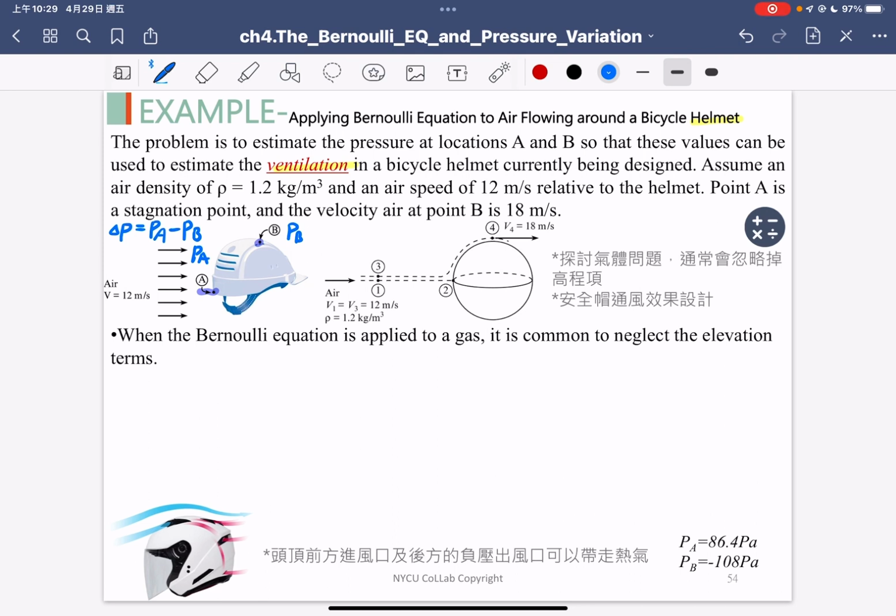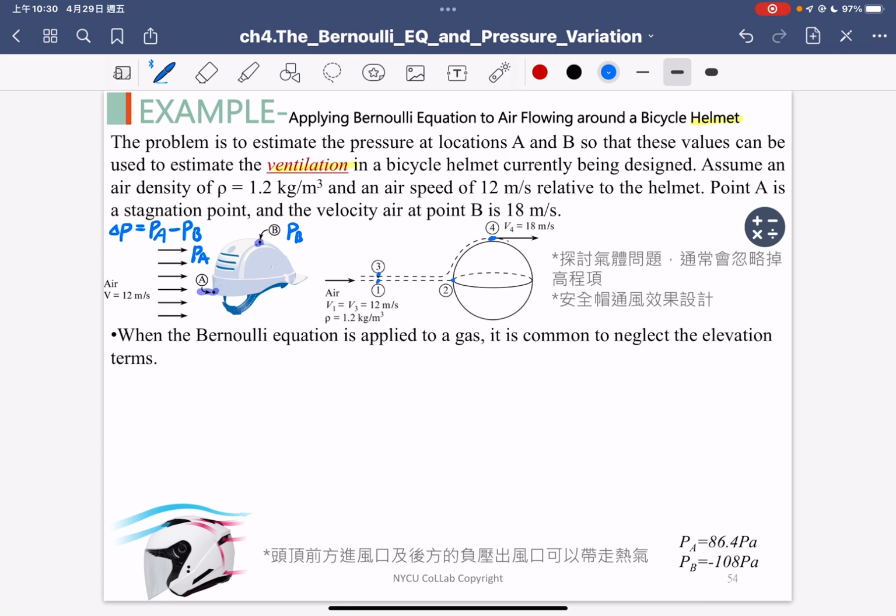OK, so the idea is how large the pressure difference is between A and B. So we pick out two points, the point 1 and the point 2, and then we have the point 3 and the point 4. Okay, so totally we have 4 points. So we can apply the Bernoulli equation to do the balance. So how can we do the Bernoulli balance?